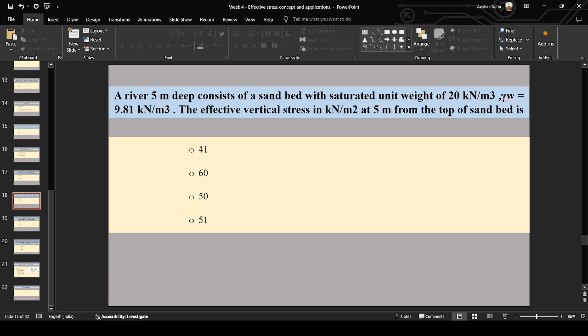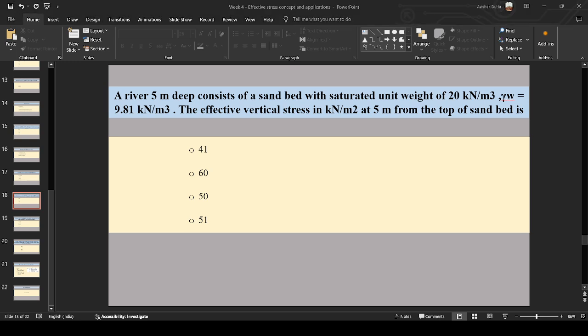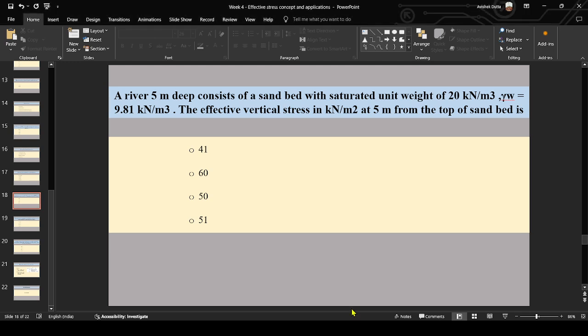The effective vertical stress in kilonewton per meter square at 5 meter from the top of sand bed is. The options are 41, 60, 50, or 51. Next question.